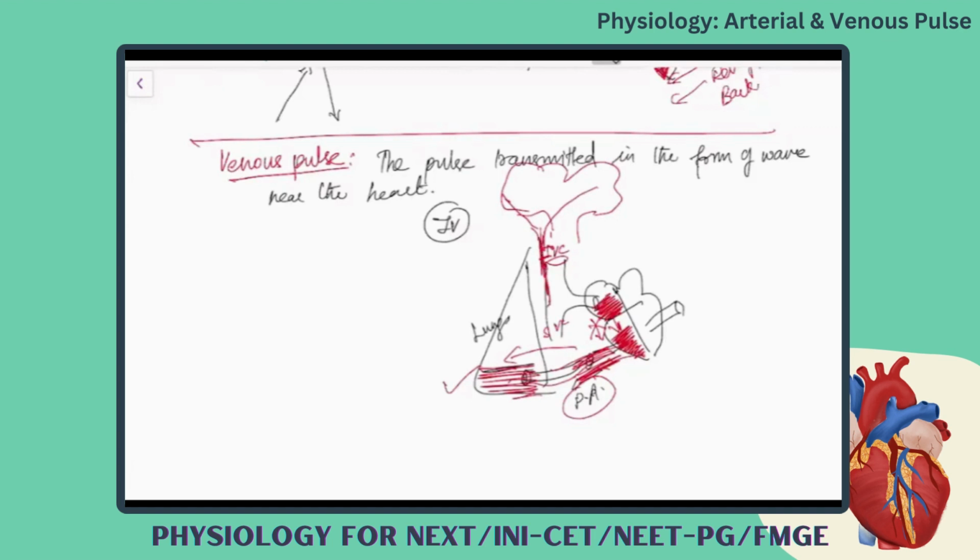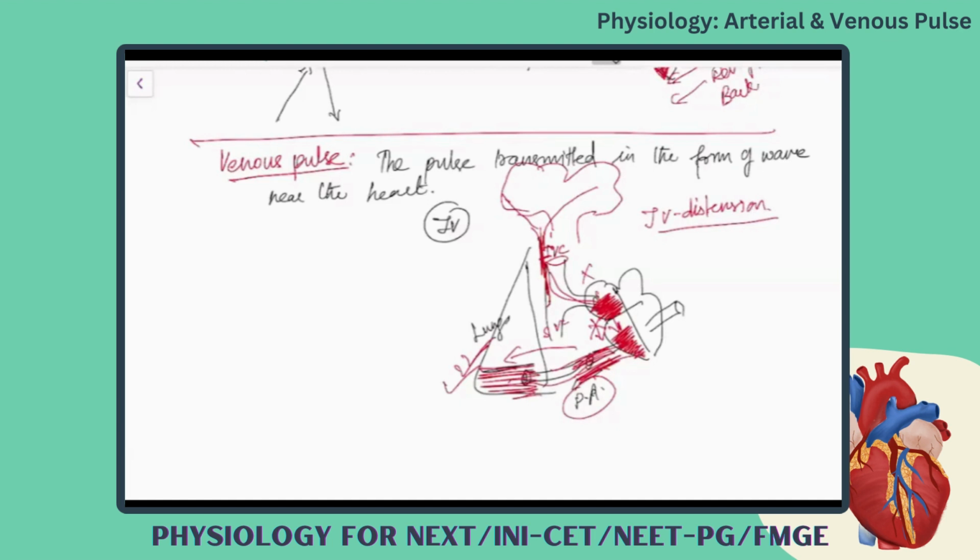So here there is pooling of blood in the right atrium because of some abnormality at the level of the pulmonary system. So what happens? This venous return will not be in a proper way. So finally, we will encounter this as jugular venous distension. Yes or no? So it indicates some abnormality in the right side of the heart.